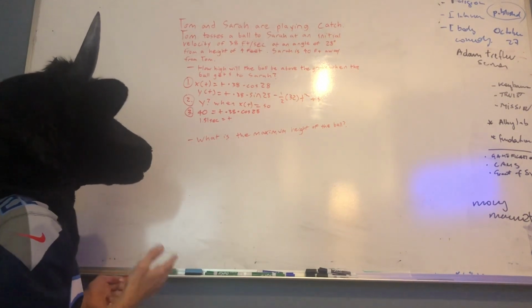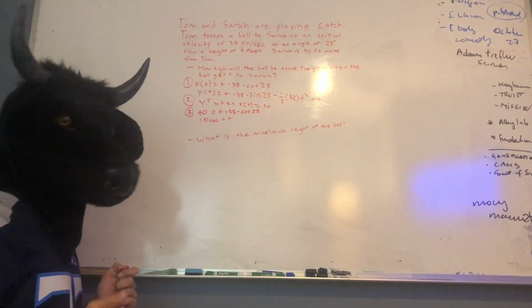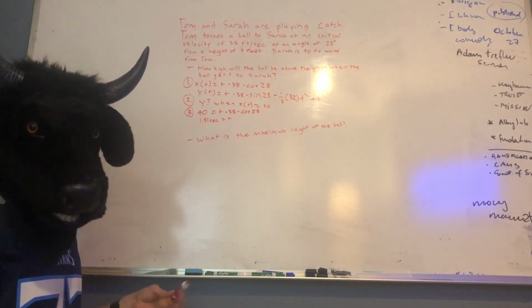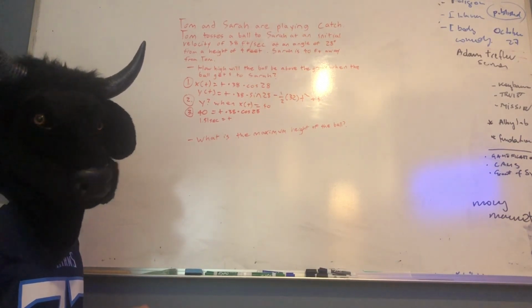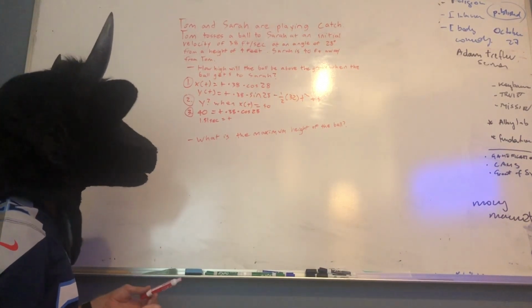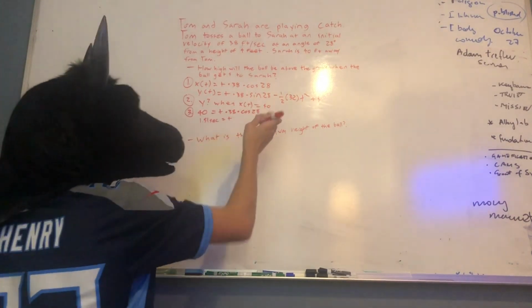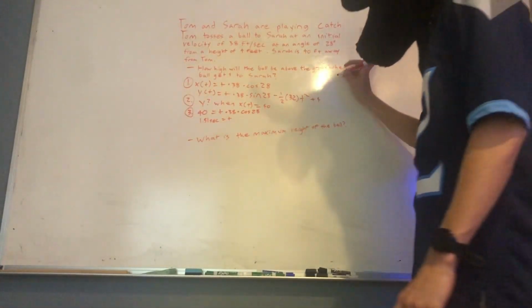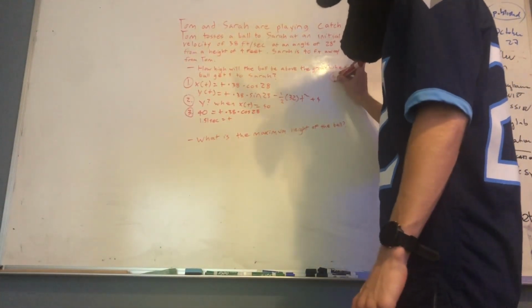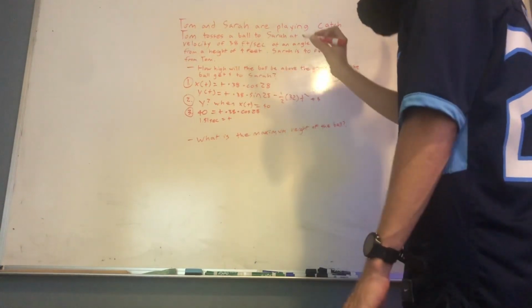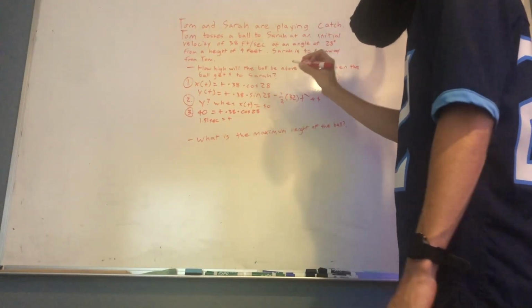Now, with this time, we can plug it into the y equation and figure out how high the ball was at this time, or in other words, how high the ball was when it had traveled 40 feet. So, our final step is going to be plugging that t into the vertical distance equation.